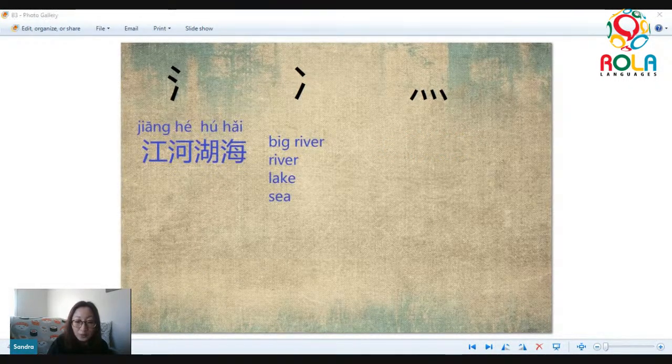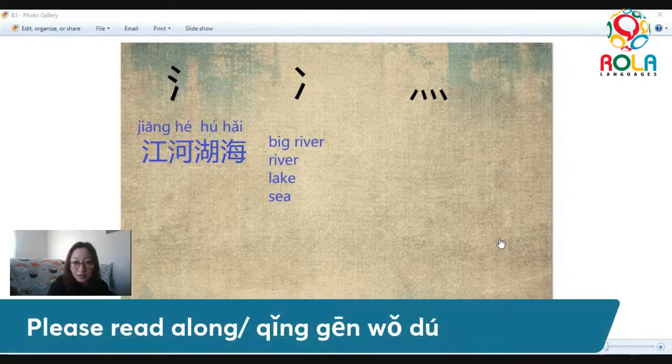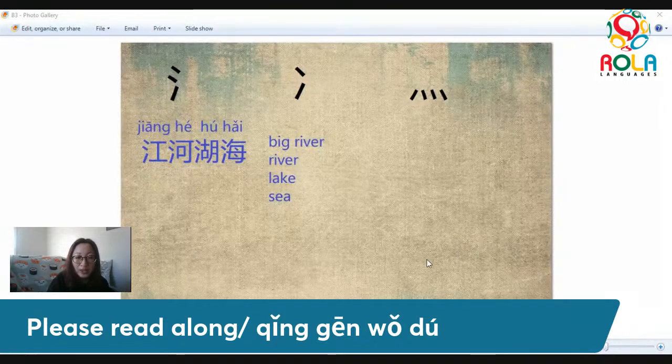Okay, so first one, using 三点水. Usually when I introduce the names of water bodies in Mandarin, I like to introduce them as a set. So this is the set. As long as you memorize these 4 words, you know how to say water bodies of different dimension, of different magnitude in Mandarin. So here it goes.